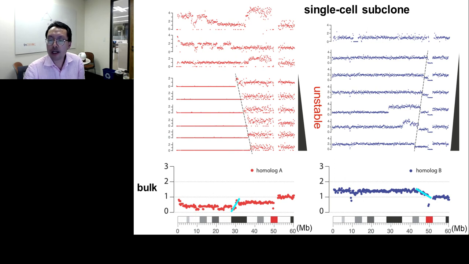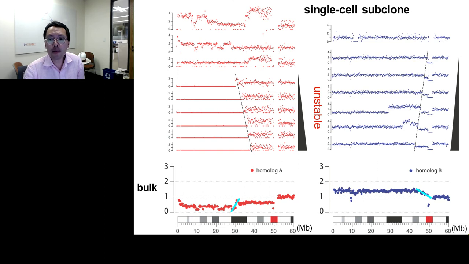That's also highlighted with the thick sine line on the bottom, highlighting that instead of a single sharp transition between different copy number states, it's a gradual slope between two different copy number states, reflecting this extensive variation in this bulk population of cells.